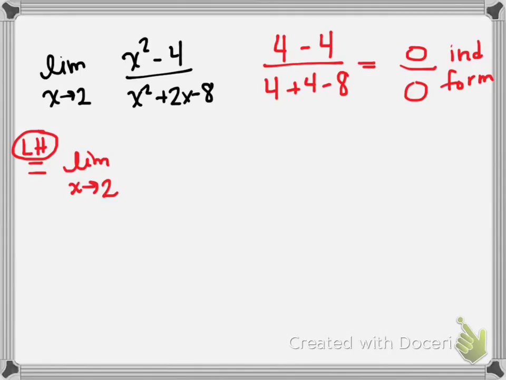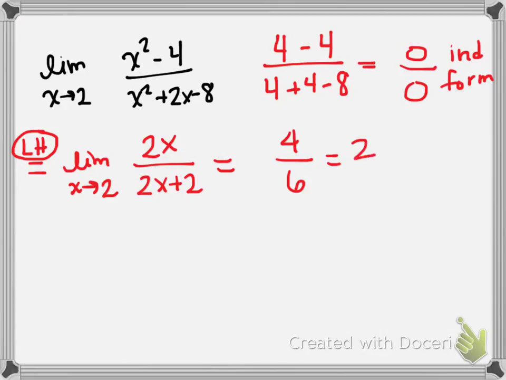So the derivative of the numerator is 2x, and the derivative of the denominator is 2x plus 2. So now our limit becomes the limit as x goes to 2 of 2x over 2x plus 2. That's a continuous function, so we can just plug it in. And we get 4/6 or 2/3.